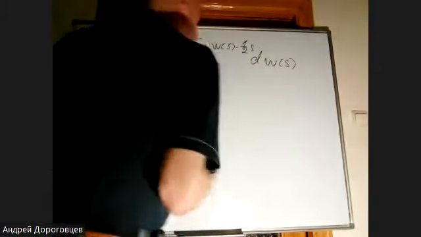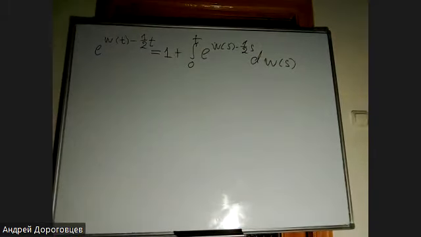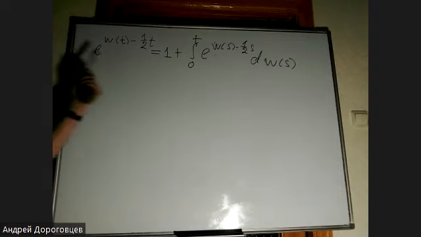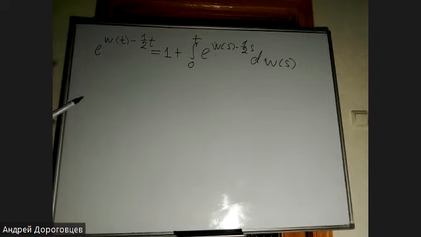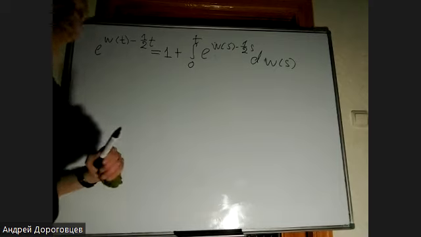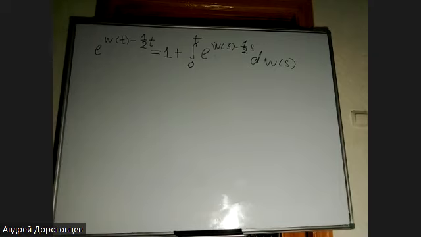It means that we have a usual stochastic differential equation for our stochastic exponent. We recalled stochastic differential equations in the beginning of the lecture today.